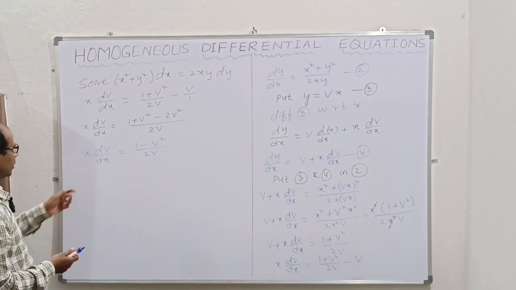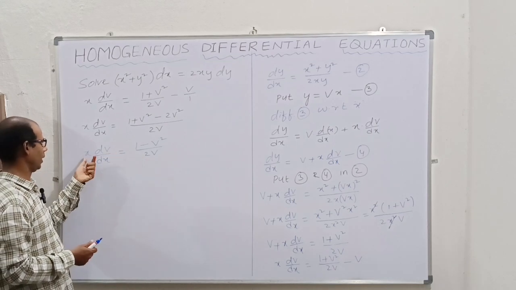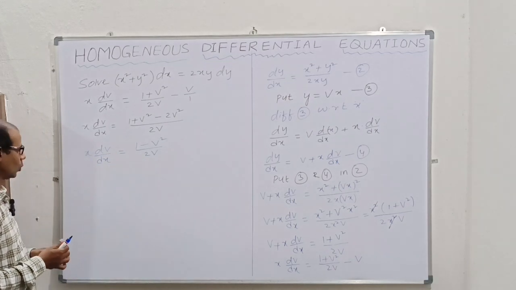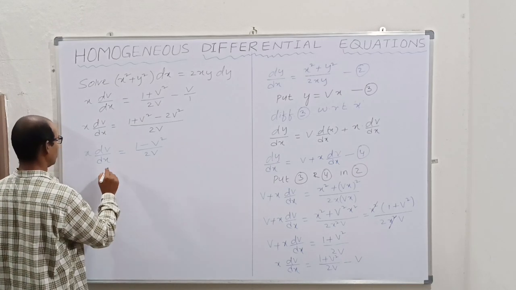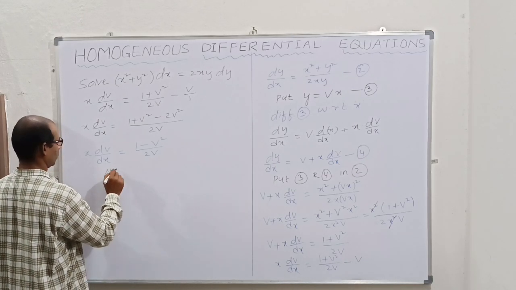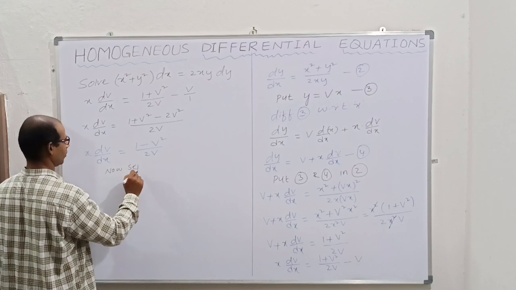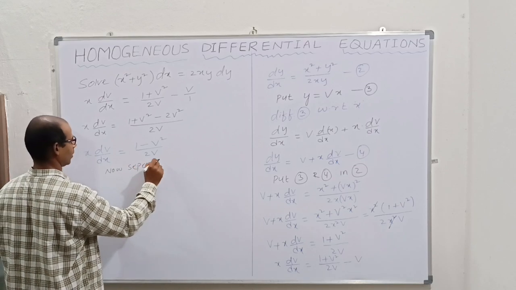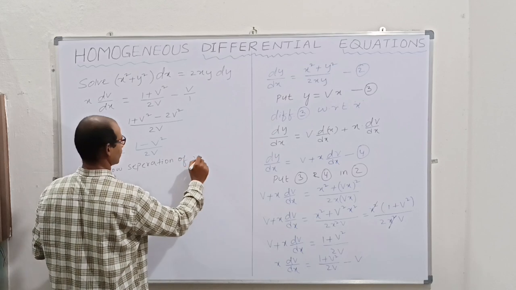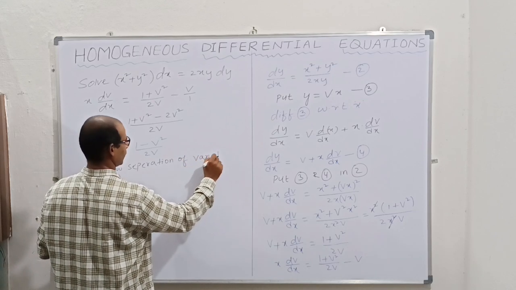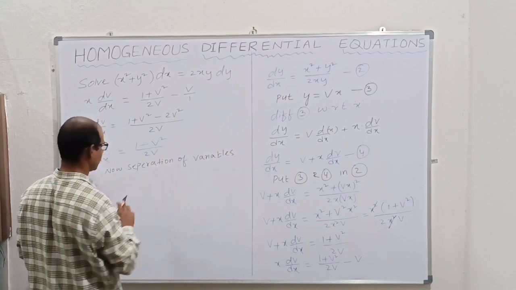So now here v terms are there, dv is there, x terms and dx is there. So what we have to do? Separation of variables.